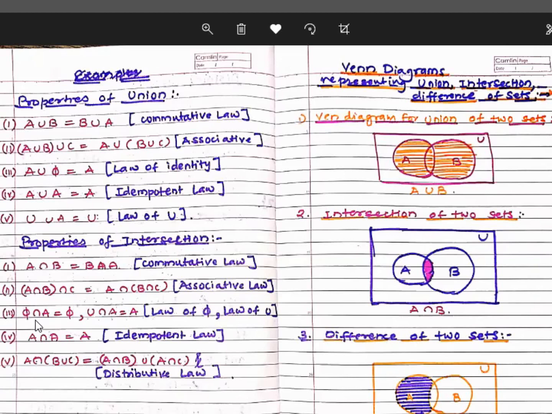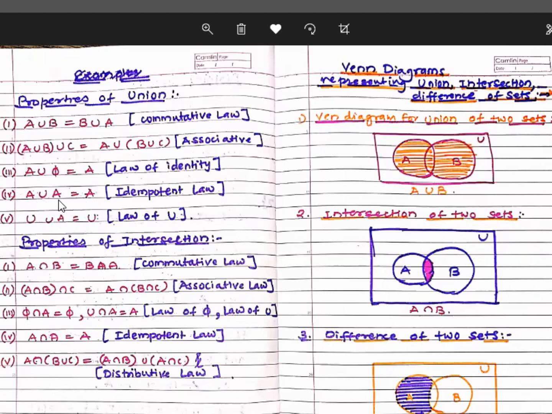Whereas in case of intersection, intersection of A with phi will be phi only. So that is the difference between these two. Now the intersection of the universal set with A will be A. That is the case.